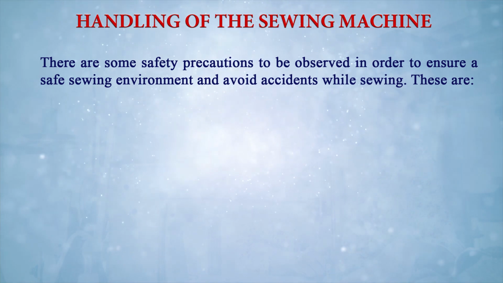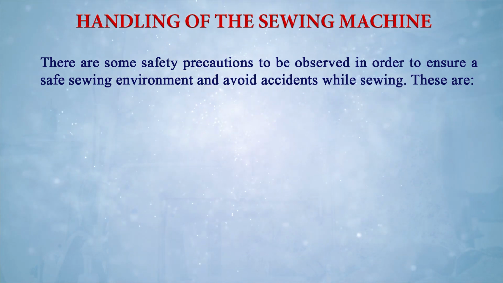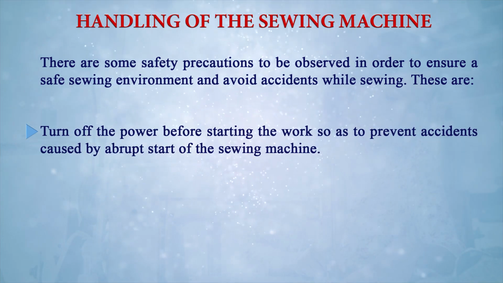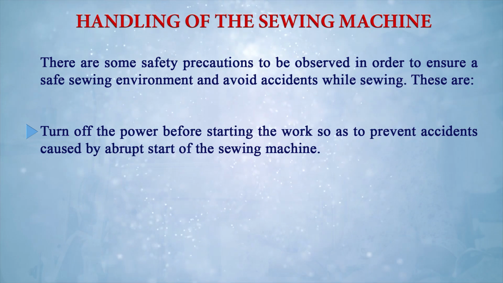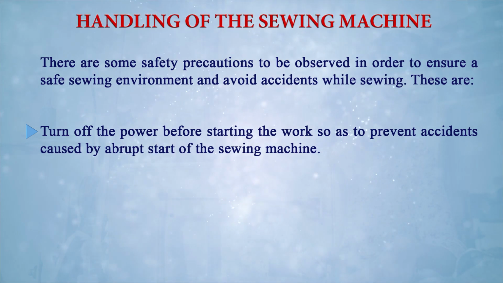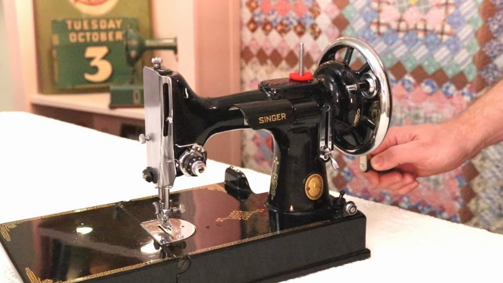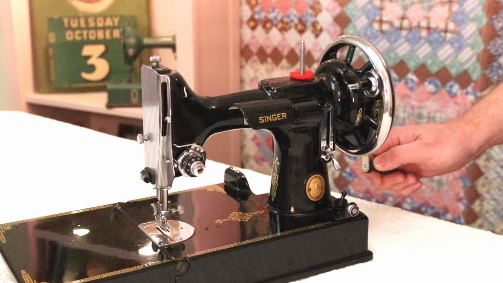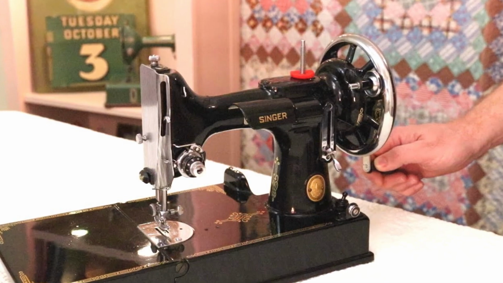First, if you are using the electric motorized sewing machine, you have to turn off the power before starting the work, so as to prevent accidents caused by abrupt start of the machine. If it is a hand operated machine, then you have to be very careful while you are starting the machine.